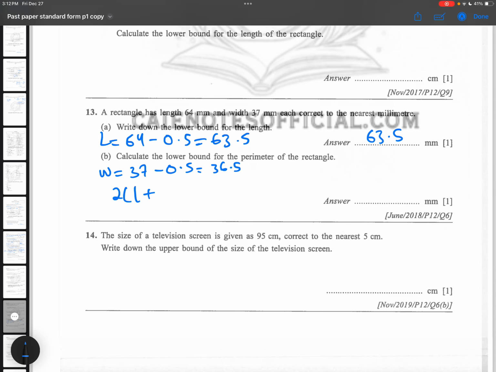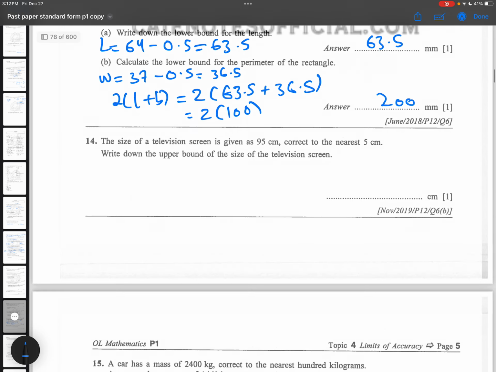To get the perimeter, the formula is 2 into L plus B. 2 into 63.5 plus 36.5. So this is equal to 100, and 2 into 100 is equal to 200. So this is the perimeter, 200 millimeters.